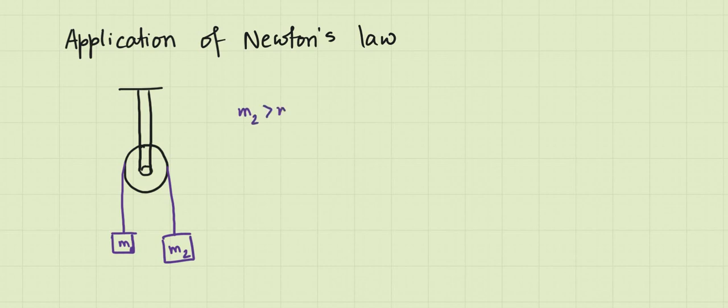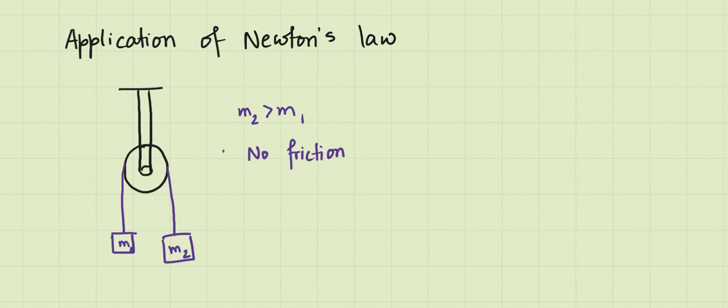Our assumption is M2 is greater than M1. We also assume that there is no friction, whether this pulley is rotating based on its hinge or the center, or in the interaction between the string and the pulley.